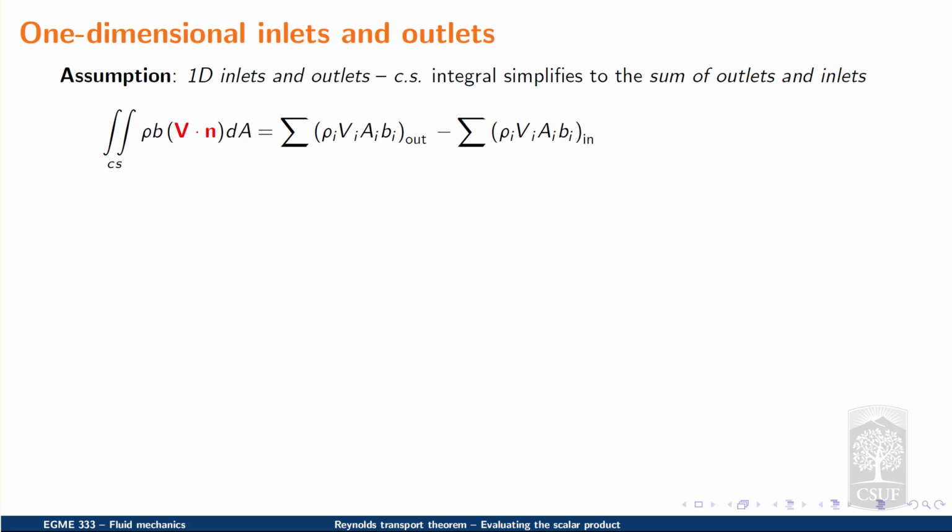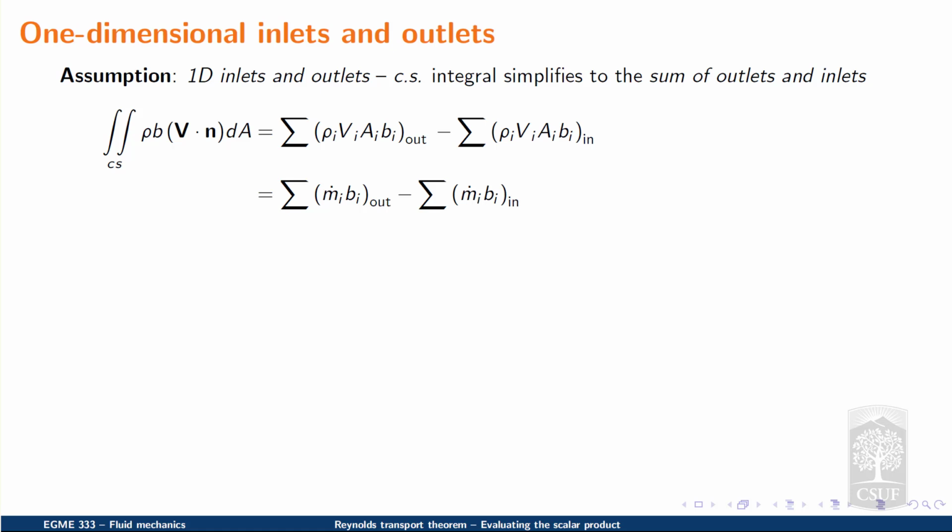I'll remind you that V dot n will dictate whether a particular surface within the control surface should be treated as either an inlet or an outlet, and that depends on the orientation of the local velocity vector relative to the local unit normal. So we can simplify this expression as the summation of all the outlet flux, m dot sub i times b sub i, minus the summation of all of the inlet fluxes, m dot sub i times b sub i, going into the control volume.